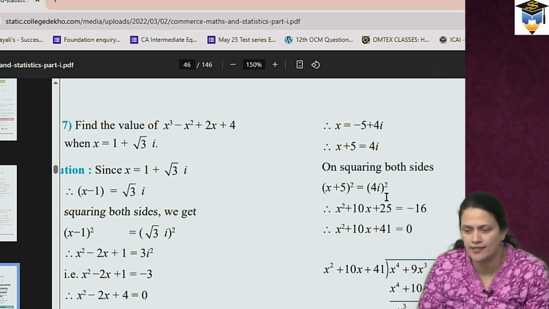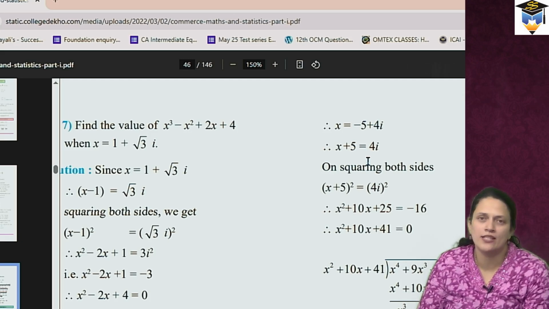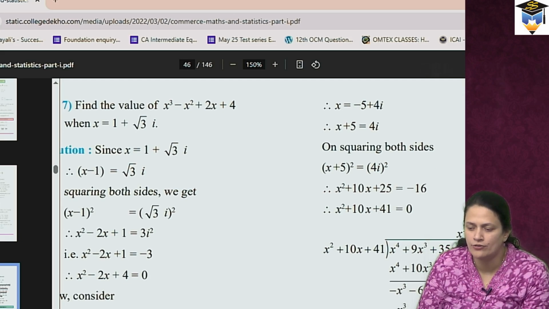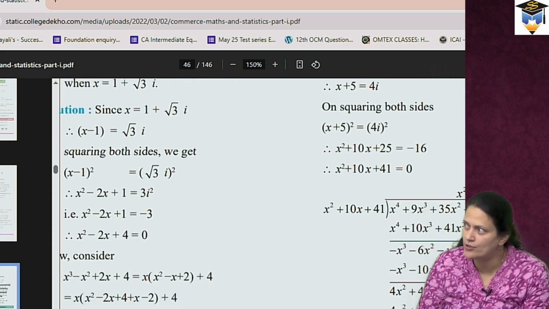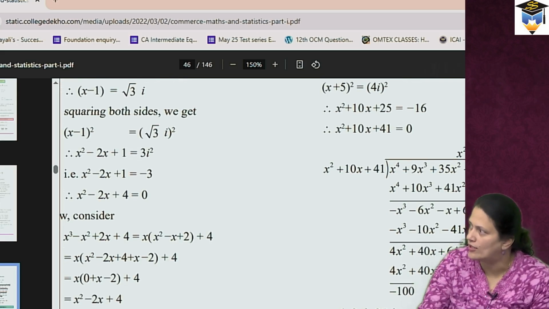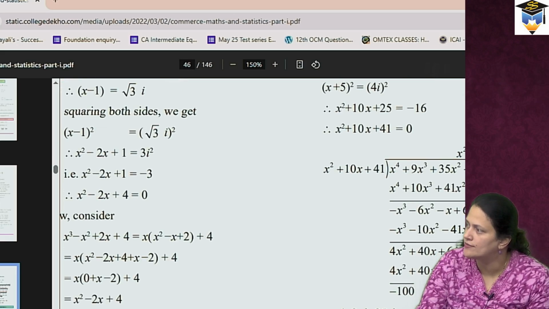We have seen that yesterday. So x plus 5 is equal to 4i. You have to square both sides. You will get the quadratic equation. Now the original polynomial is given to you in the question, as you can see. Okay. Wait, online students, are you able to see it?